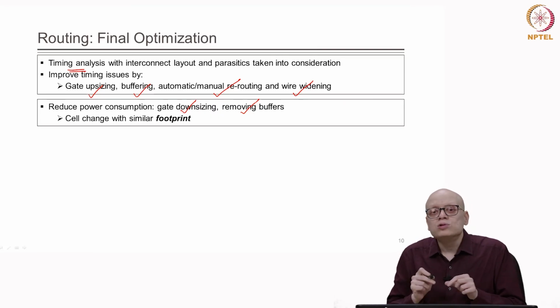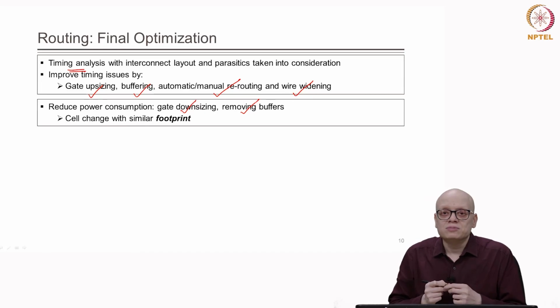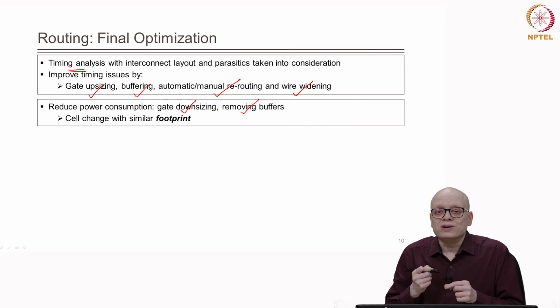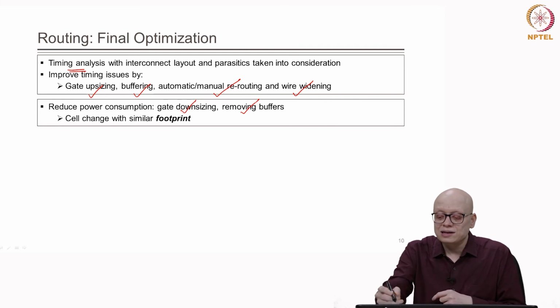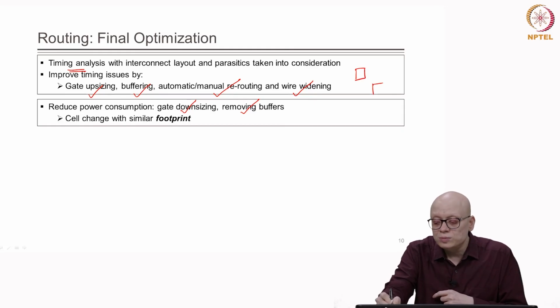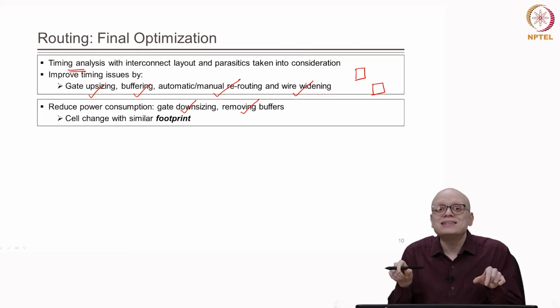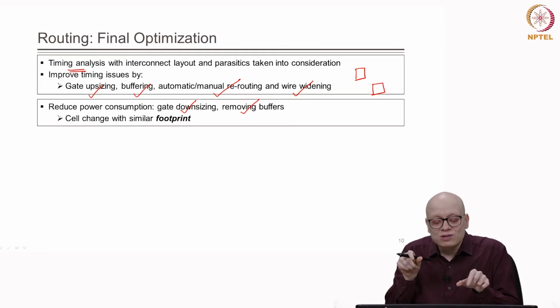And we can also change the cells based on their footprints. Say in our library there will be a 2 input AND gate, and there will be another 2 input AND gate which has the same footprint, meaning that its layout is exactly the same. Therefore, if we replace one with the other, it will not matter to the layout.